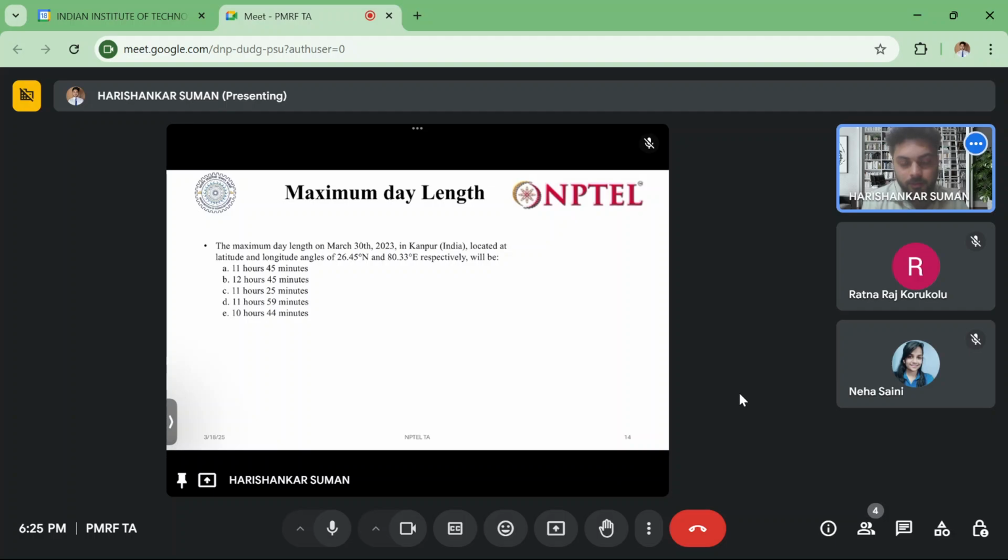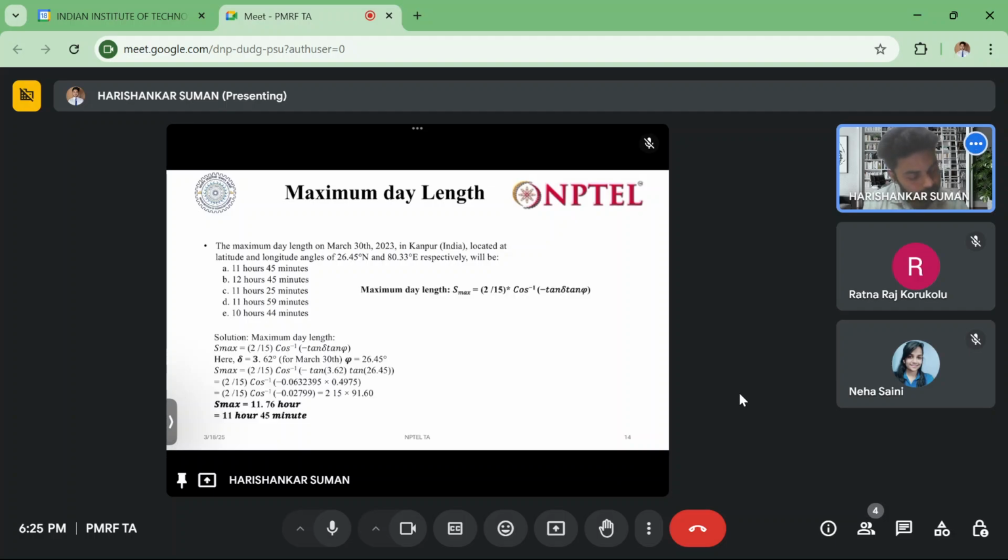Okay, maximum day length. The maximum day length is 2 by 15 cos inverse of minus tan delta tan phi. Here phi is given as 26.45, and delta we calculated in the previous question, 3.62.